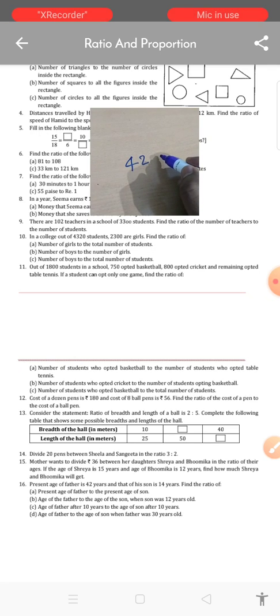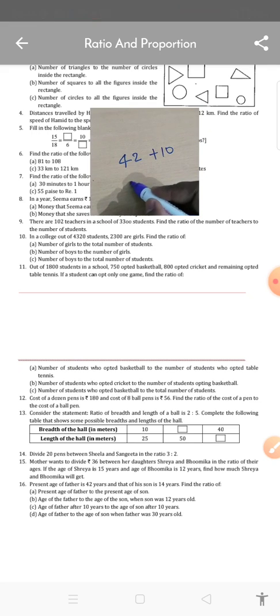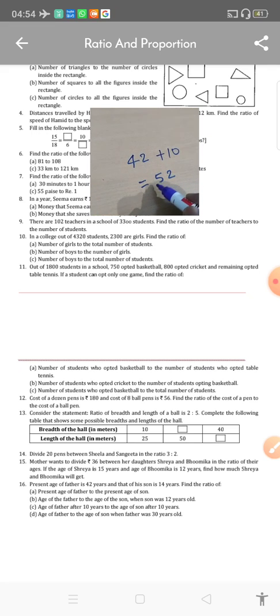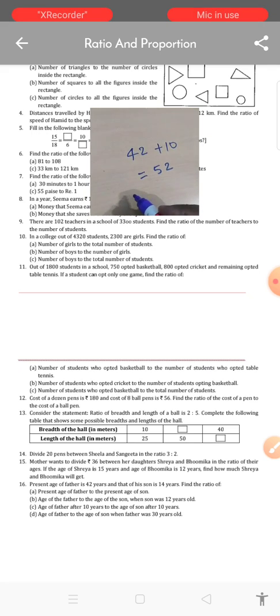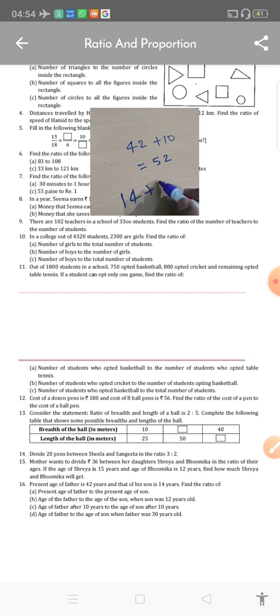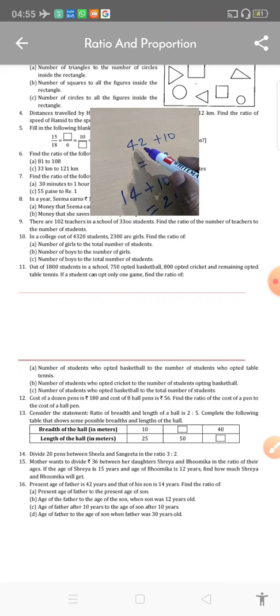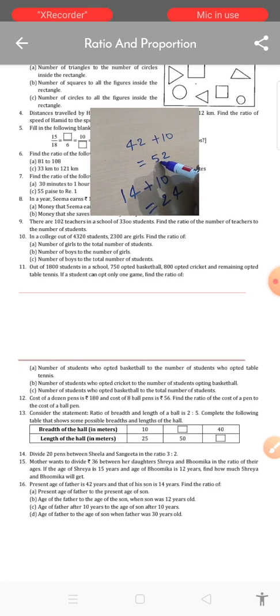So the age of father after 10 years will be 52 years.